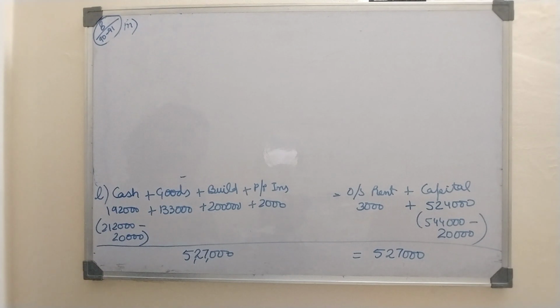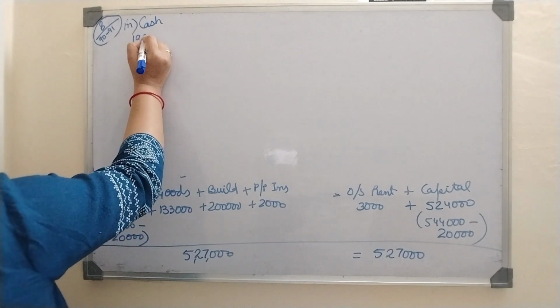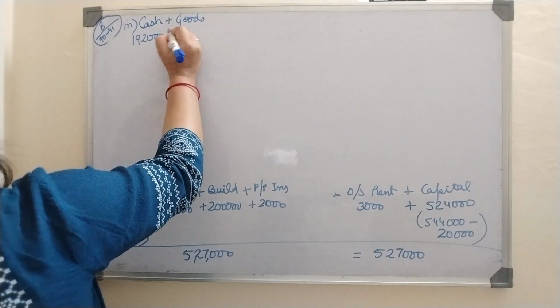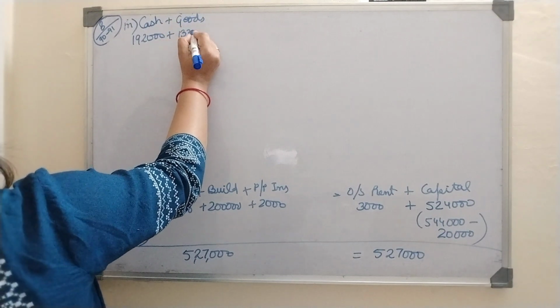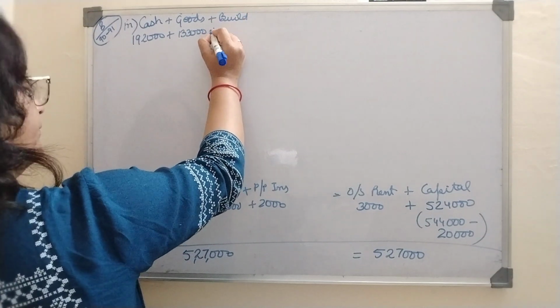Now the M part says depreciation charge on building 10,000. So whenever depreciation is charged, it is subtracted from capital and the particular asset, right? Till now we have not done anything with building. Now it is time for the building. Goods 1,33,000 plus building.